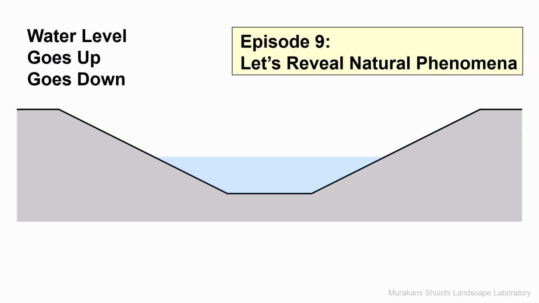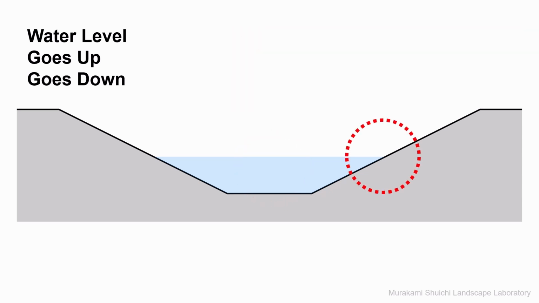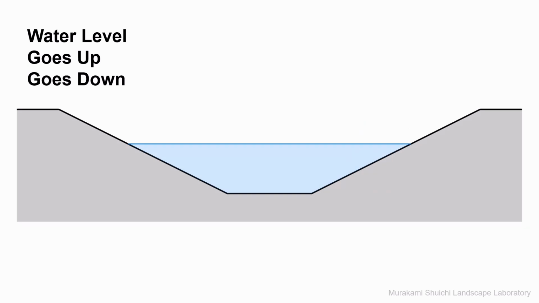In episode 9 of this series, a land art work was introduced in which the lake bed was shaped so that changes to the lake level would be revealed. It is also possible to make changes in water level easier to realize at the water's edge. If the form of the edge remains as it is, it will be difficult to realize, as shown here.